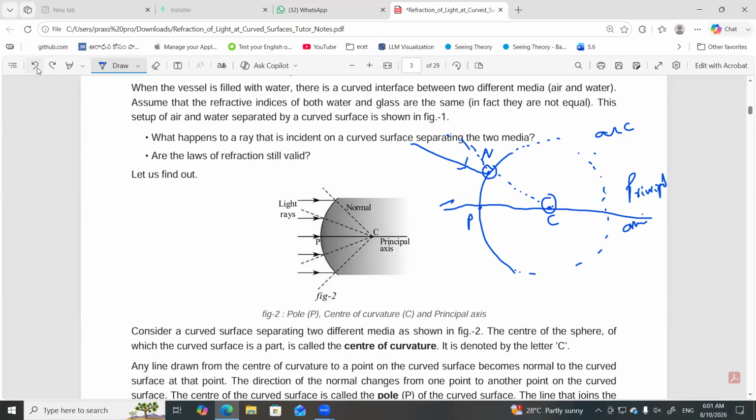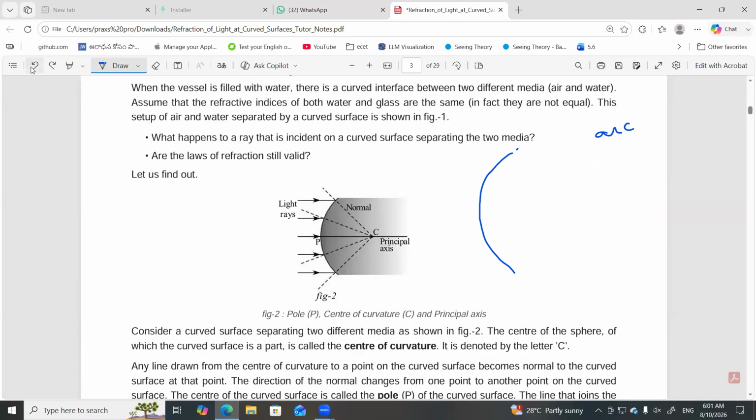Why? Because remember that when light ray enters from rarer medium to denser medium, it bends towards the normal. So do you remember that when light ray enters from rarer to denser, air to water, the light ray bends towards the normal.